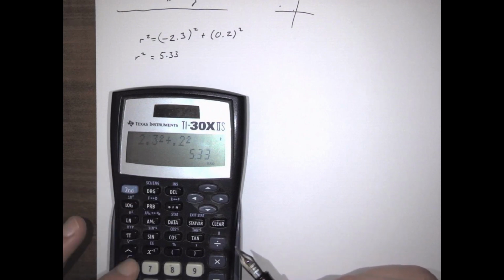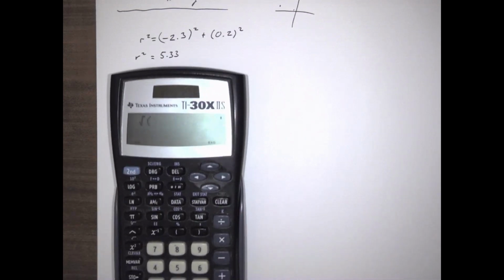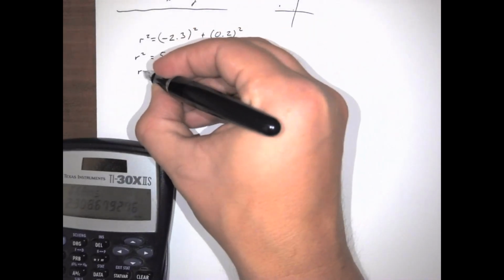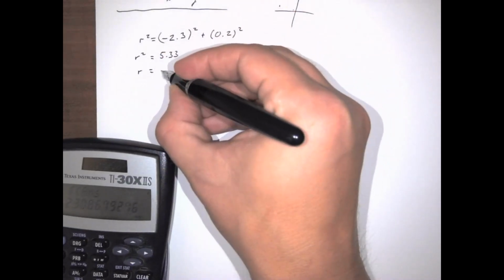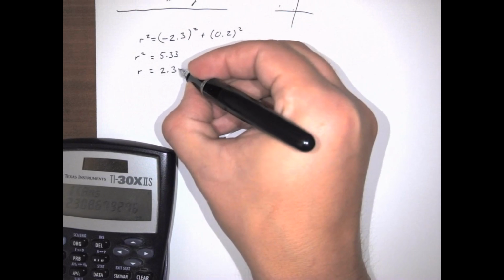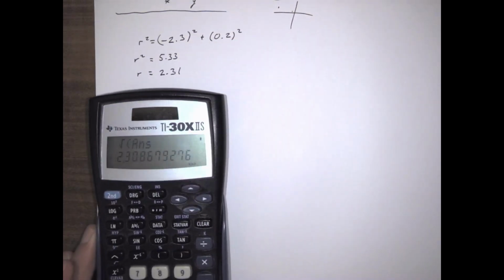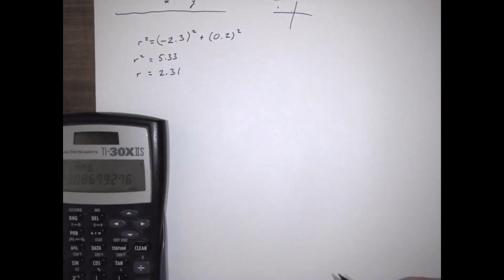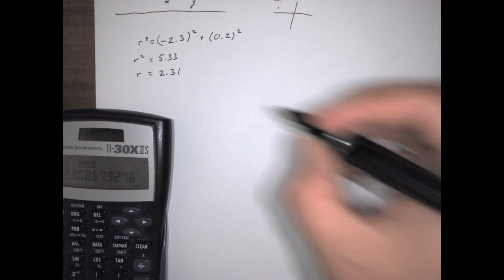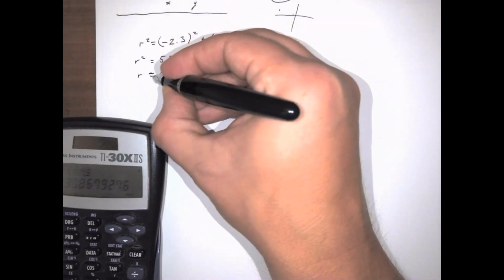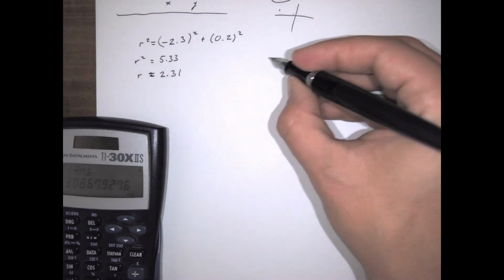So you can do square root, and then if you can find the answer button, it's usually somewhere near the equals. And then that means that r itself would equal 2.31. Again, just by default, I'm going to round it to 2 decimal places unless told to do otherwise. So that's the r approximately.